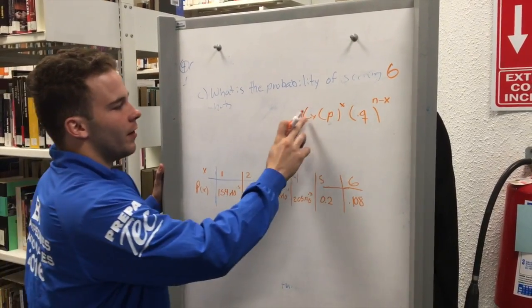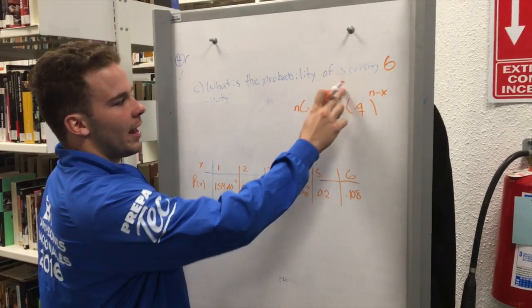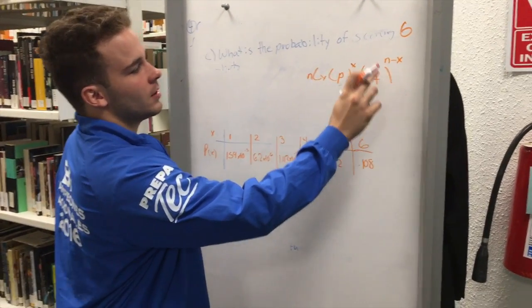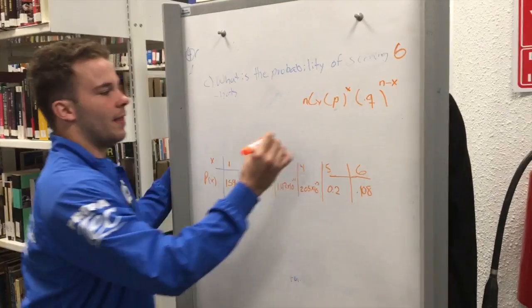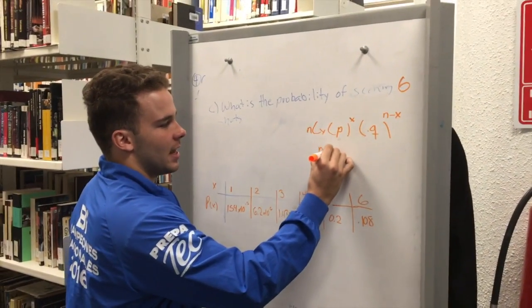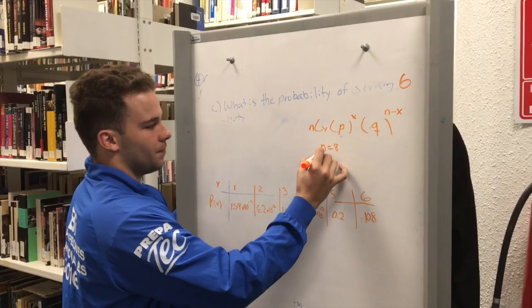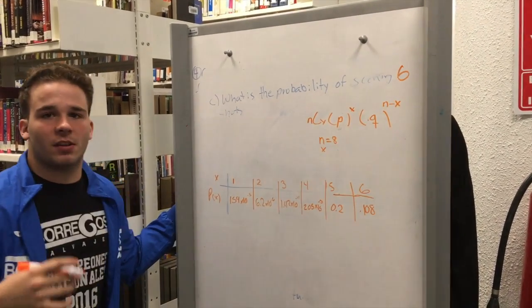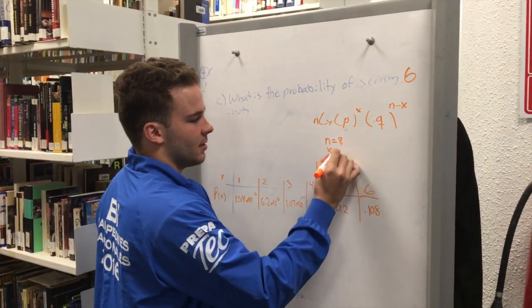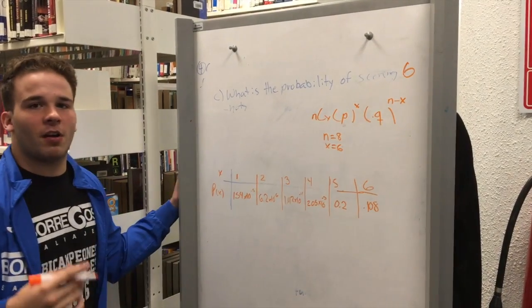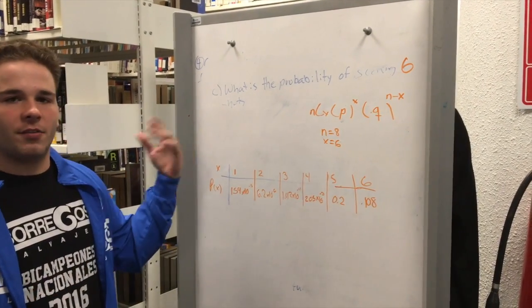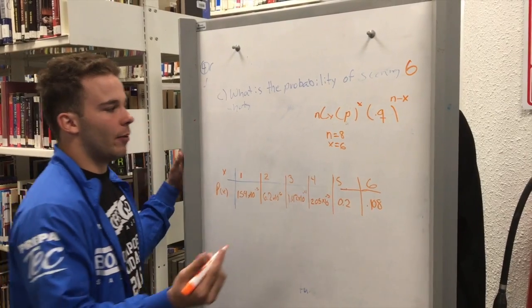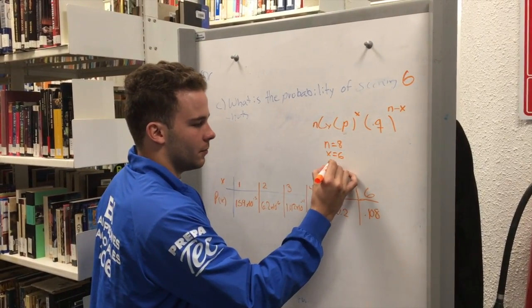So to solve problem C, we have to use this formula, that is n combination of x times p to the x times q to the n minus x. The n is the number of tries, that is 8. The x is the number of possible events, that is 6. The p is the probability of success. In the previous problem, we said that it was 0.92.